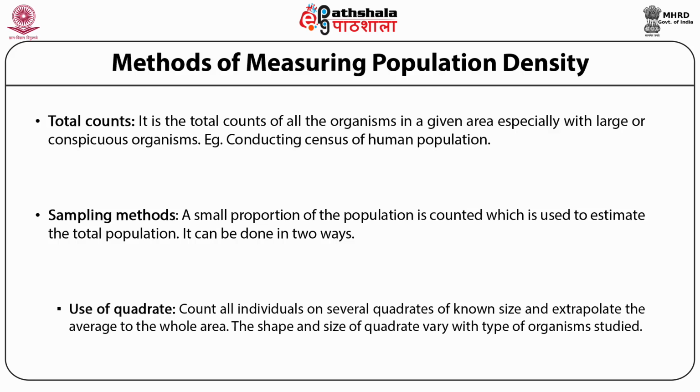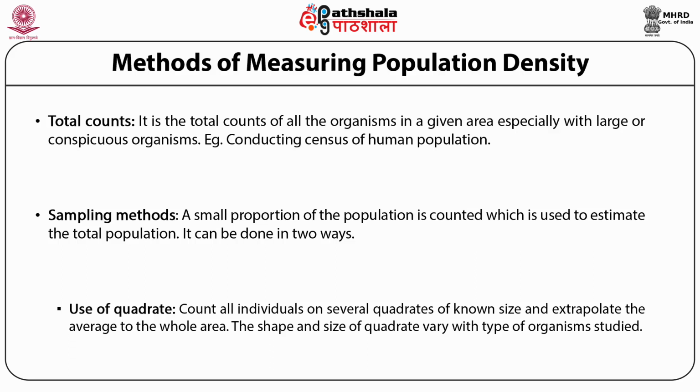In this method, count all the individuals on several quadrates of known size and extrapolate the average to the whole area. The shape and size of quadrate vary with types of organisms studied. It can be circular, triangular or square type.